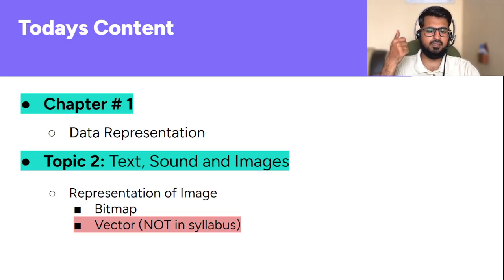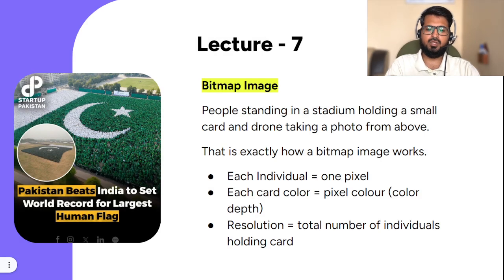So let's discuss the bitmap images that we usually use all around. You can take the example of a human flag, where Pakistan created a world record for the largest human flag, in which so many individuals are standing in the stadium, each holding a single card. Each individual you can consider as a pixel, and the card they are holding is equal to the color of the pixel.